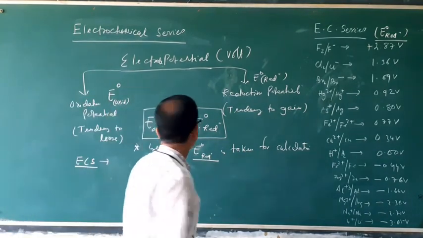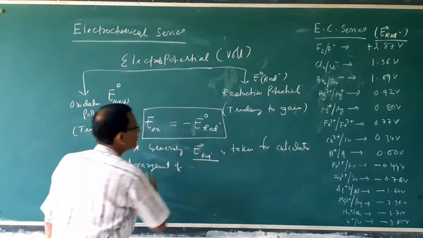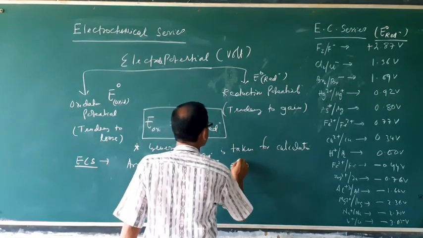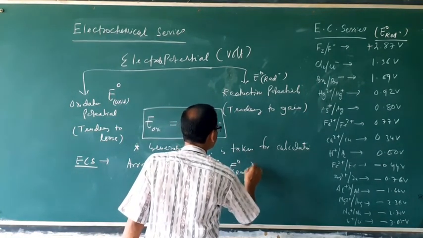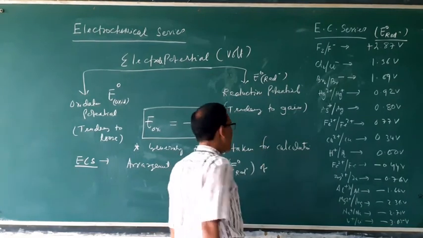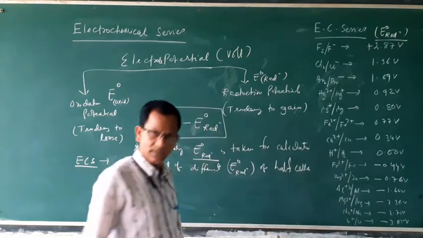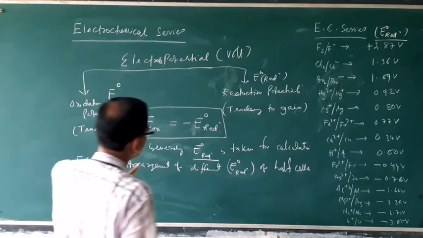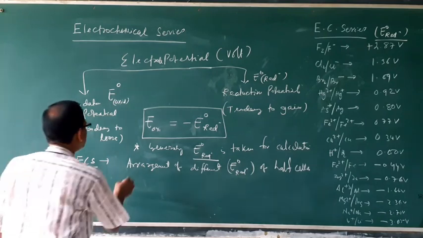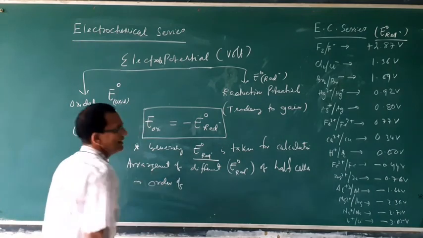ECS means arrangement of different reduction potentials of half cells, or you can say different electrodes, different elements, in which order?